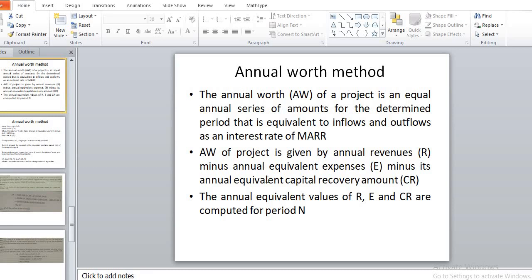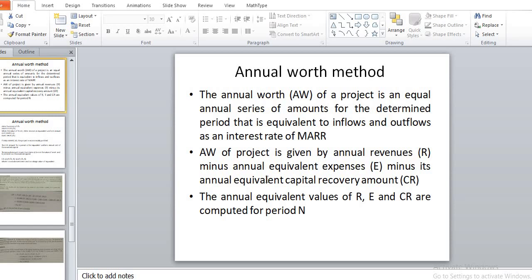So next we move toward the annual worth method. We discussed the present worth method and the future worth method. Now we discuss the annual worth method. In this unit we consider these methods to justify a project, or as an evaluation process, for a particular project, whether it is desirable or undesirable with the given situations, given investment, and given expenses.